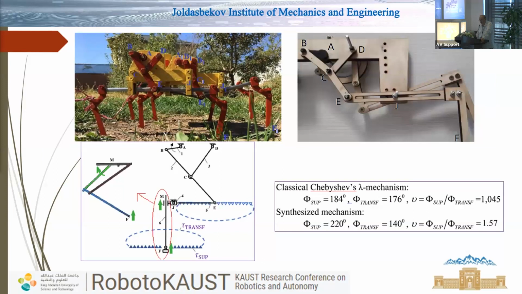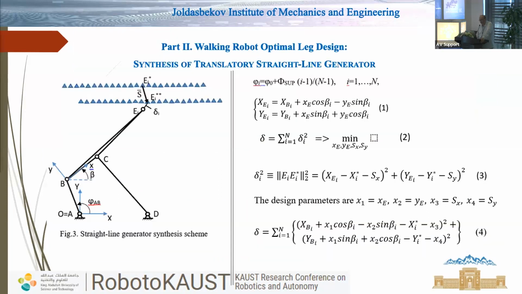And I will skip the following formulas. The required horizontal rectilinear motion with high accuracy is provided by synthesizing, by determining the link dimensions, the sizes of links, with the help of a least square approximation problem, this specific mathematical problem.